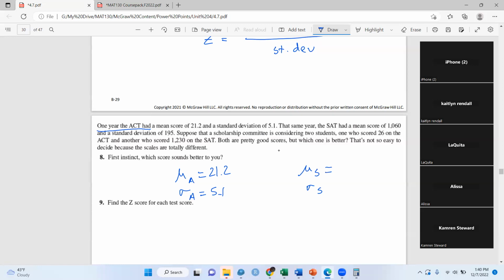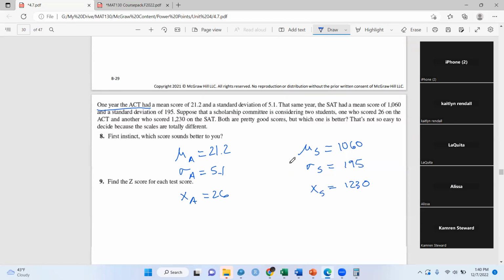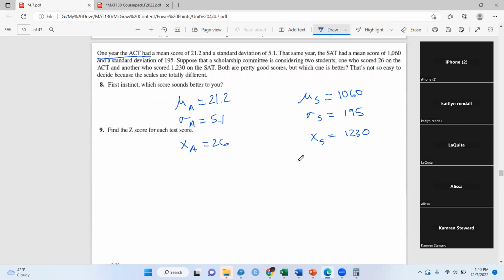So we've got the SAT mean of 1060 and the SAT standard deviation of 195. And then the student who took the ACT got a 26, and the student who took the SAT got a 1230. We're asked, on instinct, who did better.